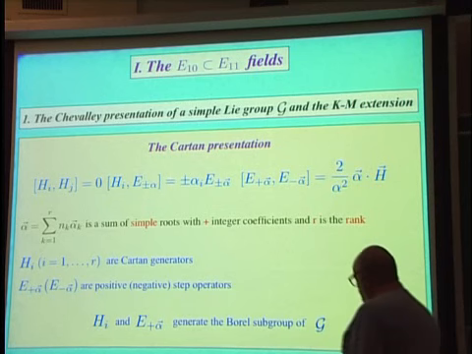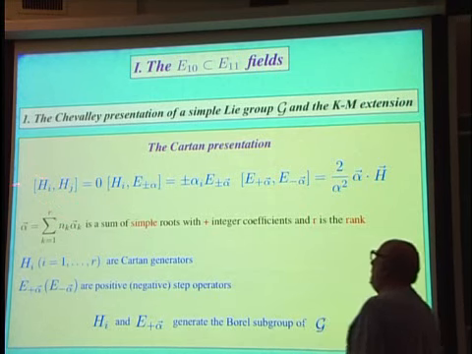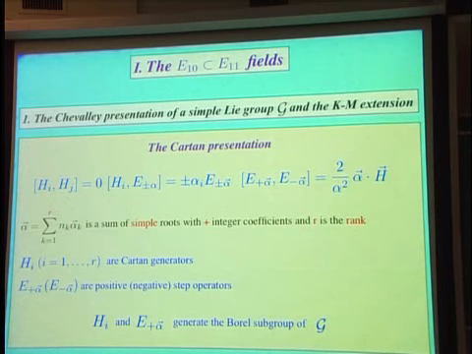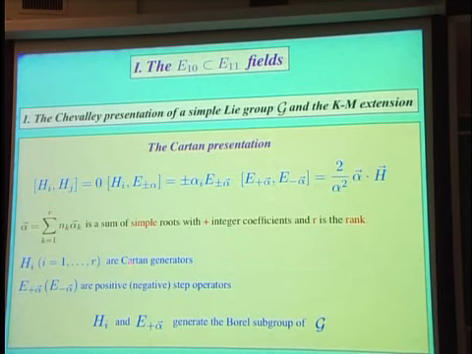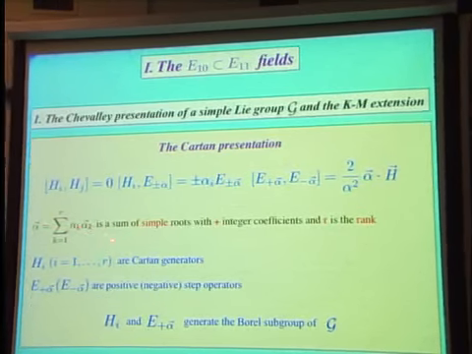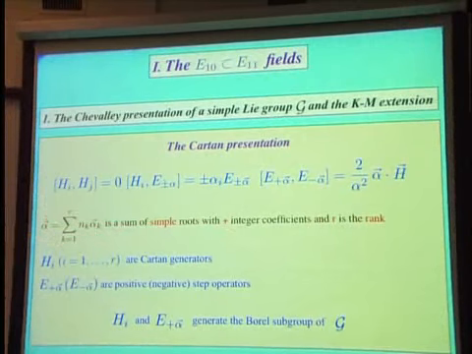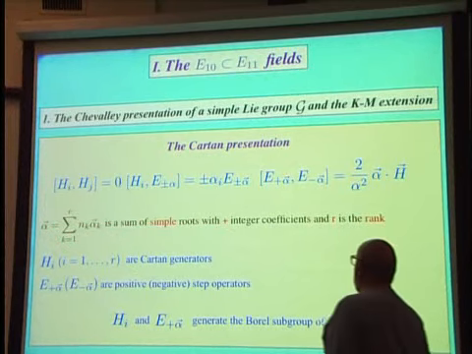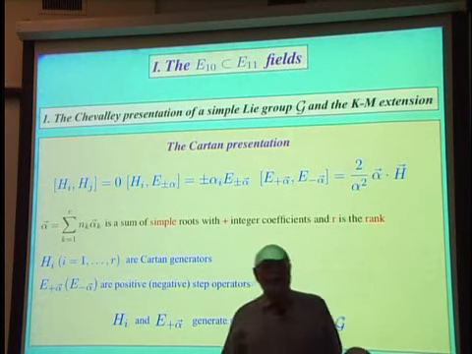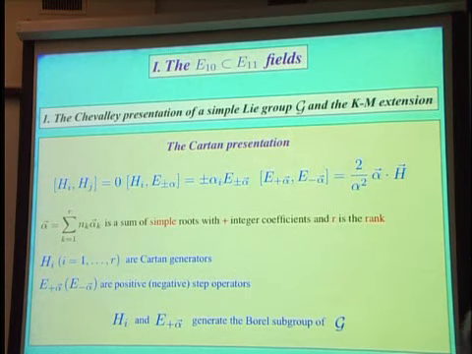The commuting generators form the Cartan subalgebra, and the positive and negative step operators are associated with positive and negative roots. And positive roots are obtained in terms of the so-called simple roots as a linear combination in the rank space of the group having positive integer coefficients.